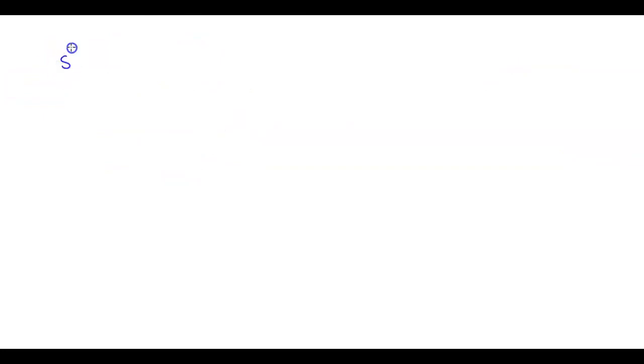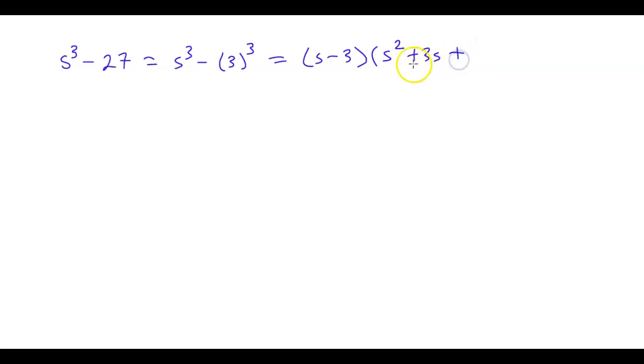One of the things that we know is that s cubed minus 27 is the same as s cubed minus 3 cubed. So it's a difference of cubes. So we have s minus 3 times s squared plus 3s plus 3 squared, which is 9. Okay. So we know that this s cubed minus 27 here, this is what this is going to factor into.